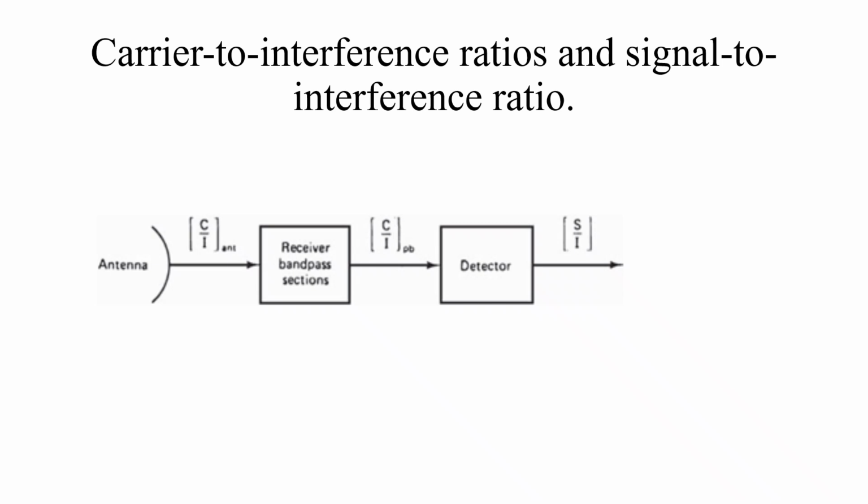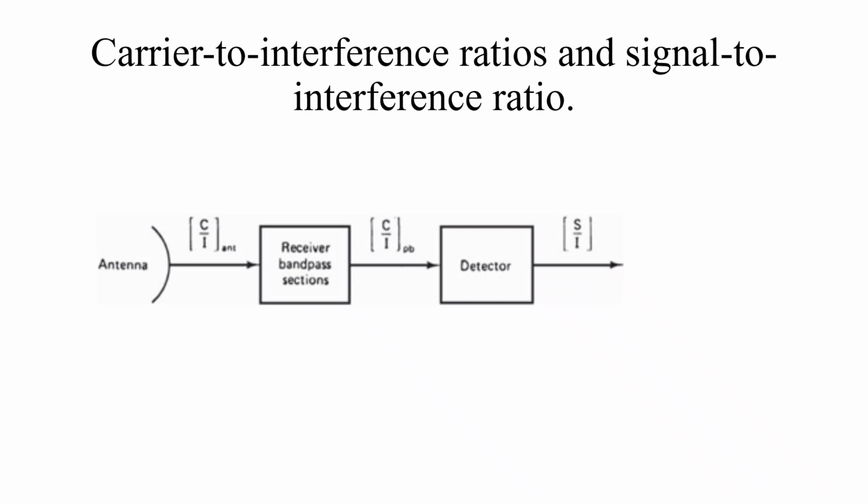First, the received signal has some interference effects, so the carrier to interference ratio is calculated at the antenna level itself, given as C/I antenna. Then the signal is passed to the bandpass section, where a bandpass filter removes the unwanted signals and transmits the passband. The passband signal also contains some amount of interference, represented as the carrier to interference ratio in the passband.